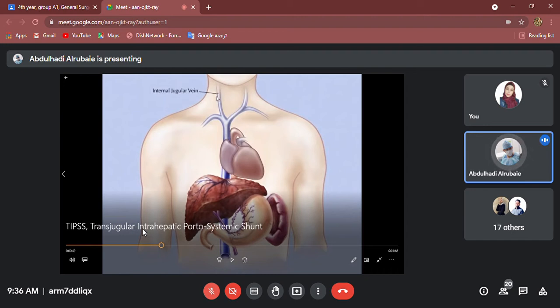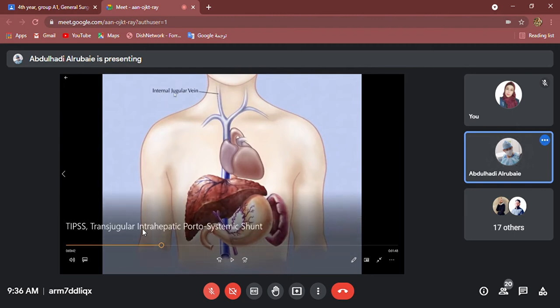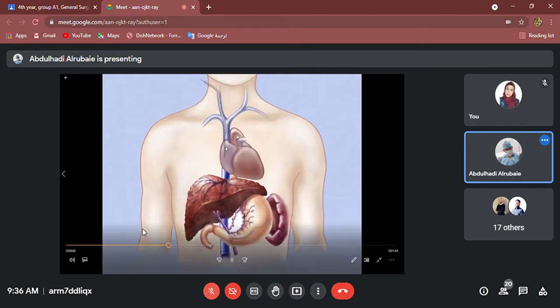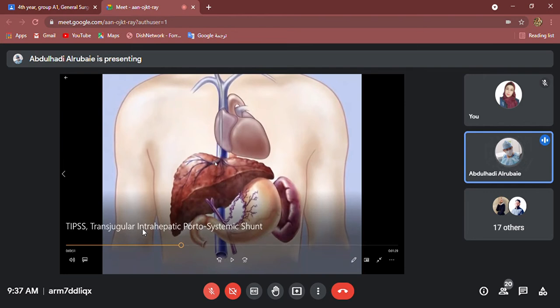Of course this is done by the interventional radiology team. A small incision through that vein, and the catheter will be introduced through the internal jugular vein through a guide wire into the right hepatic vein. Understood? The guide wire is passed to the right hepatic vein.